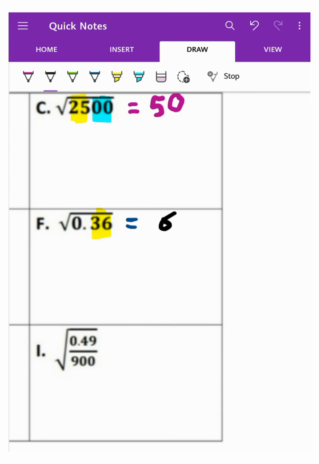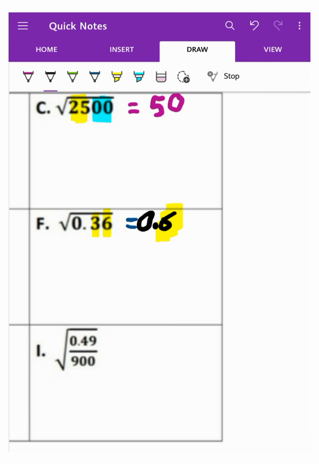And this number, how many digits after the decimal? You have 2 digits, yes? So you need to write the number here with 1 digit after the decimal point. So the answer will be 6/10.